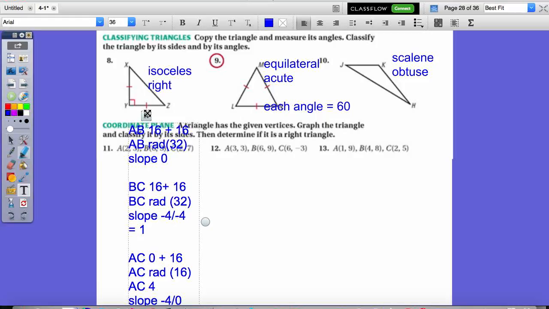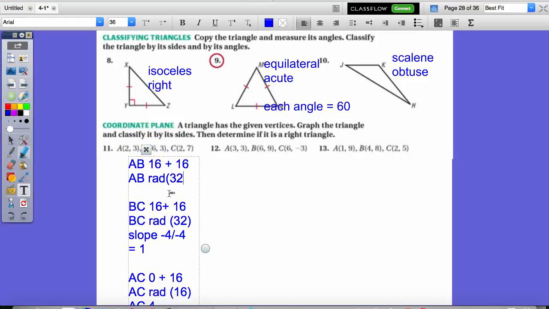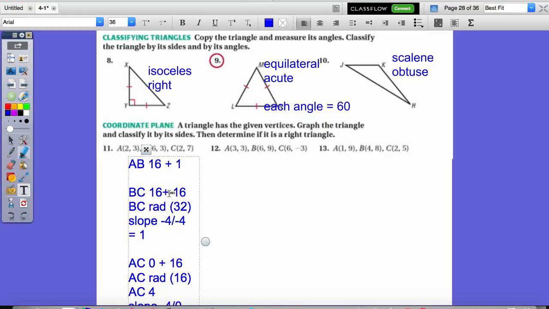So I'm going to go back up here, and I'm going to do AB first. So AB is the square root of 3 minus 6 is negative 3, quantity squared is 9, plus 3 minus 9, quantity squared, is negative 6, quantity squared is 36.